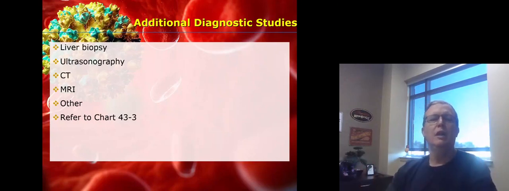Those two conditions both look like alcoholic liver failure. And sometimes people are not honest about the alcohol they consume. You have someone who presents with what looks like liver failure as a result of alcoholism, and they may look the same.